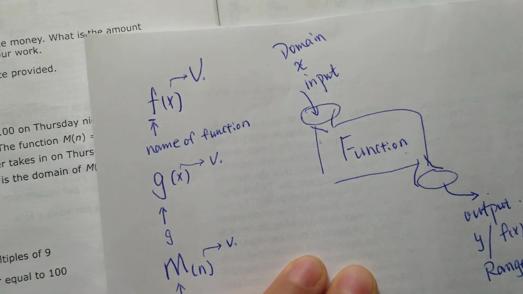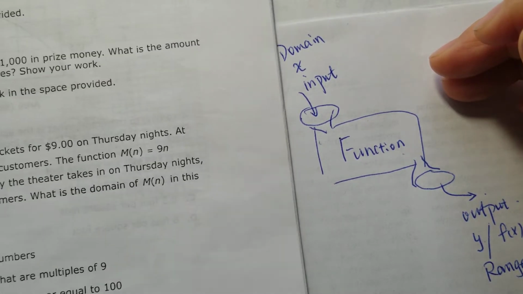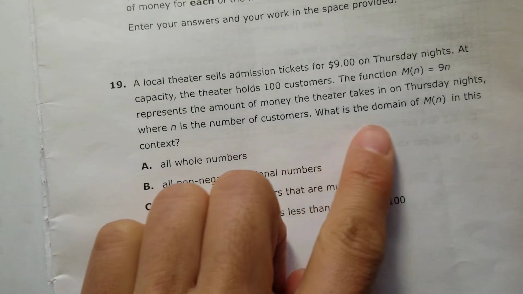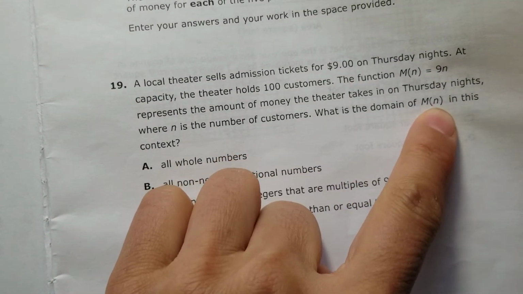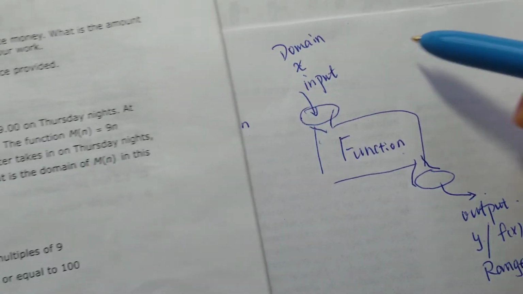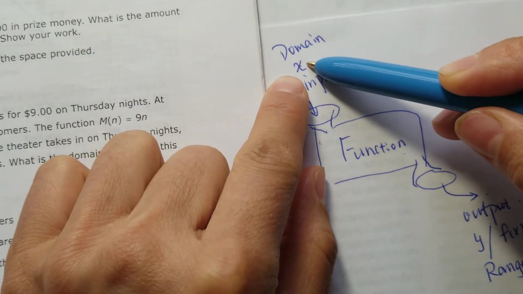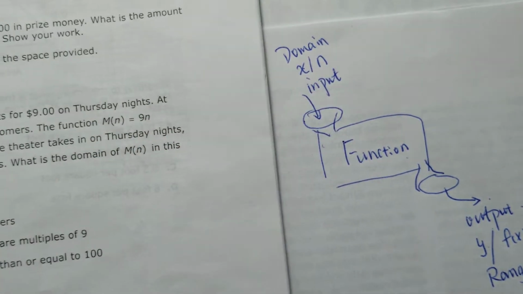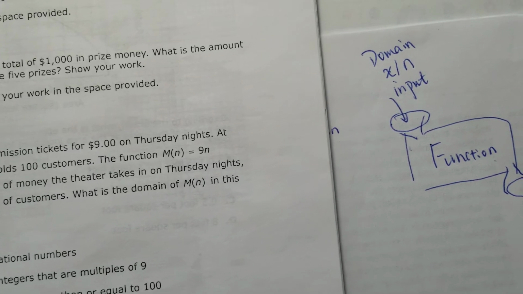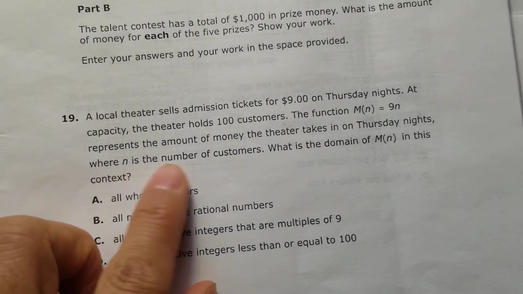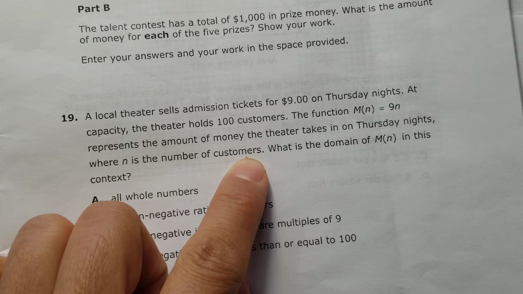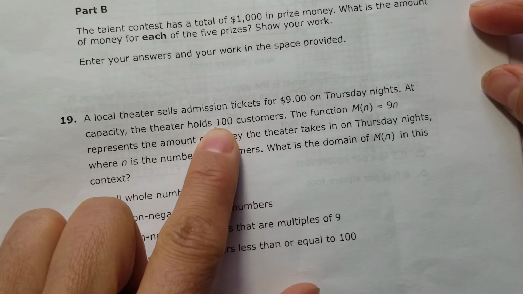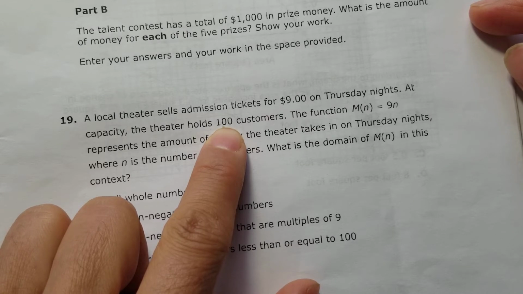So for number 19, we're asked about the domain of m of n. Domain is talking about your variable x, in that case the n. Now let's go back and see what n represents. n is the number of customers. Let's see how many customers the theater can hold.